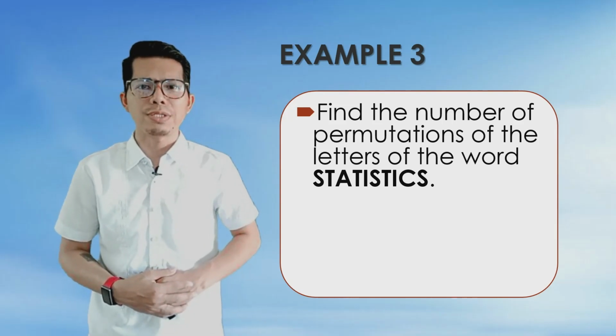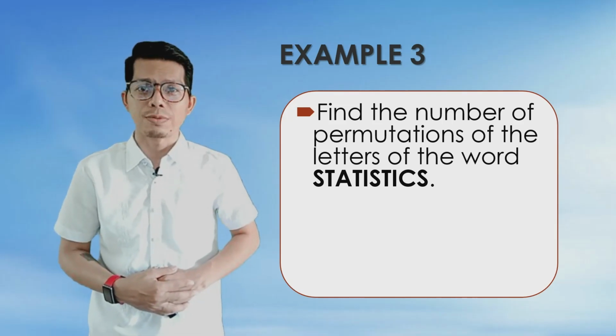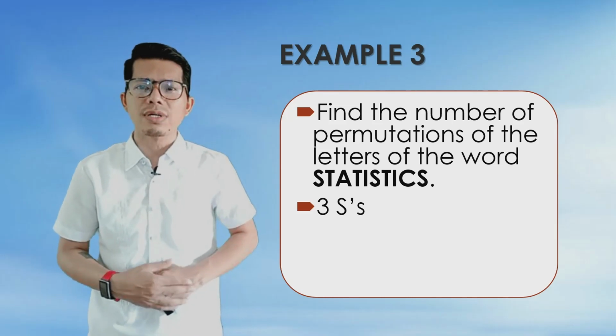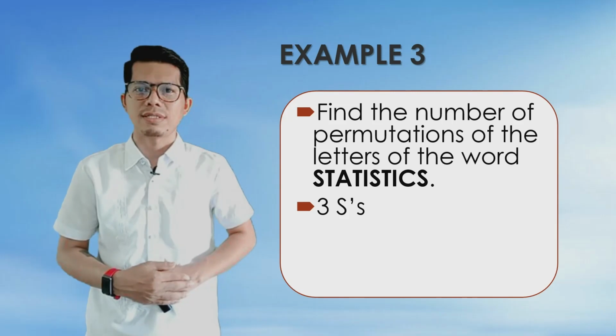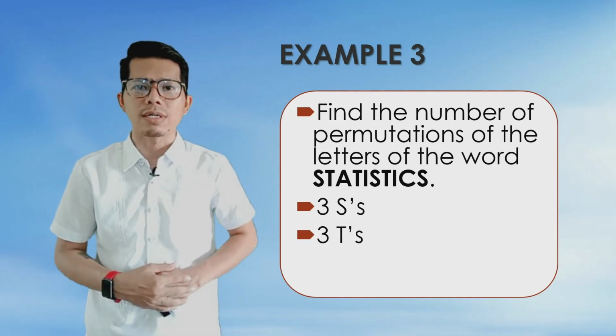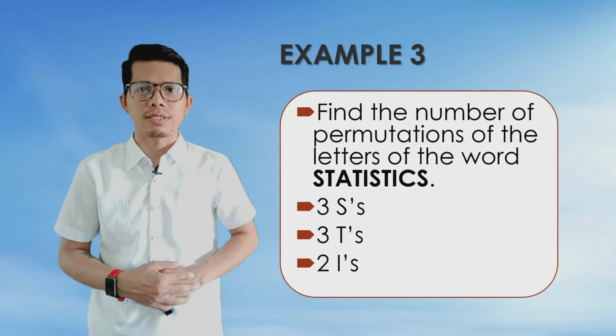How are we going to solve this? What is now the value of n? What is the value of r? If we can notice, there are 3 S's, there are also 3 T's, and there are 2 I's in the word statistics.